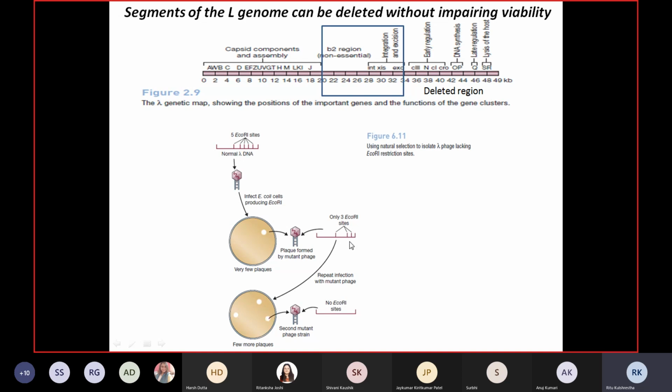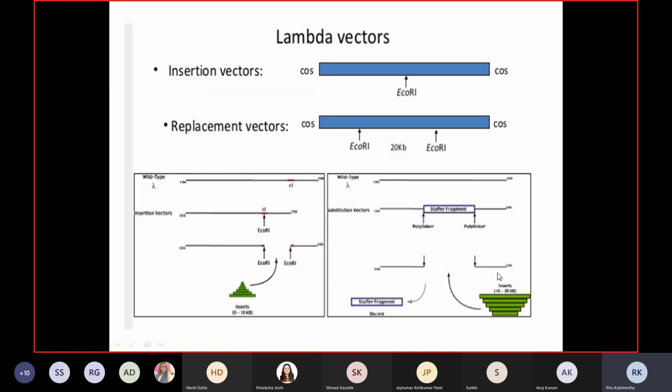So there is a possibility that the rest of the EcoR1 sites are also lost in some of the natural selection process for survival. In this way, they finally could get a phage particle with only a single EcoR1 site.